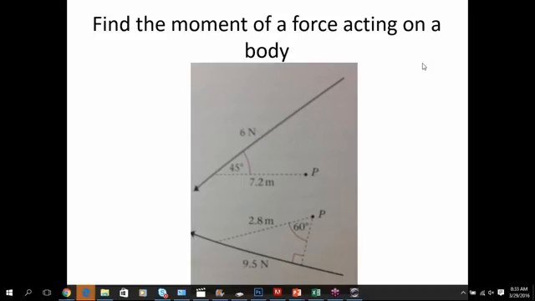So you've said the first one is anti-clockwise. The distance is 2 metres. 3 times 2 is 6.